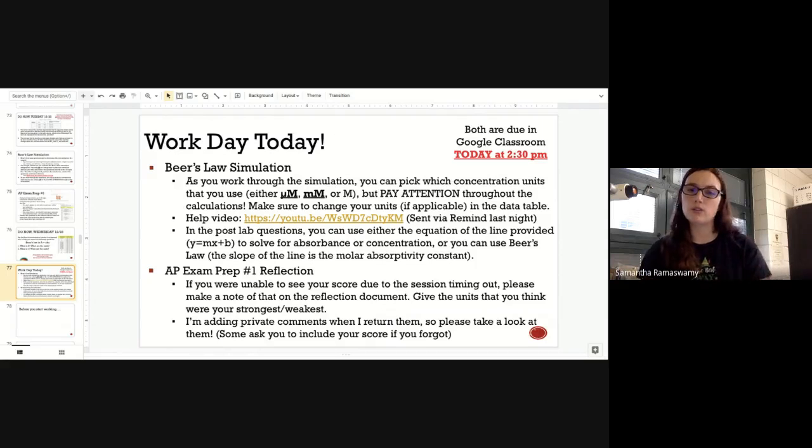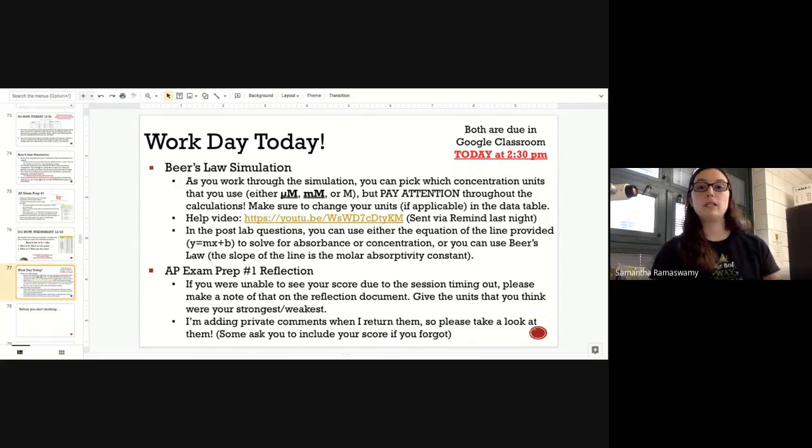Your concentration might be in micromolar or it might be in millimolar. Every solution was different based on the concentrations. Whatever unit was given in the simulation, you can use that the entire time, micromolar or millimolar. Just make sure you're paying attention to the units throughout the calculation.